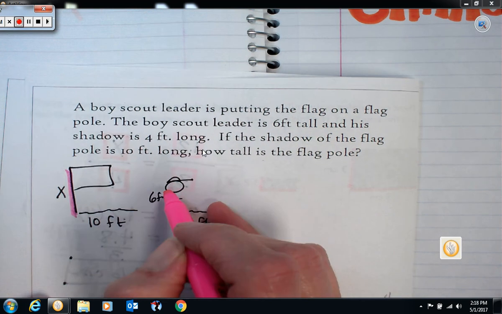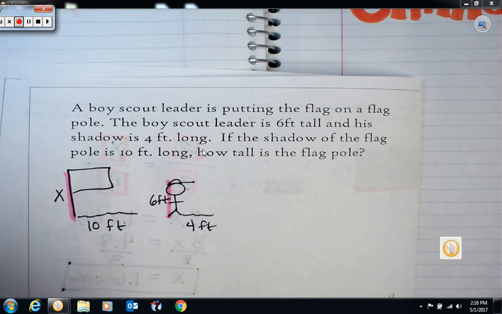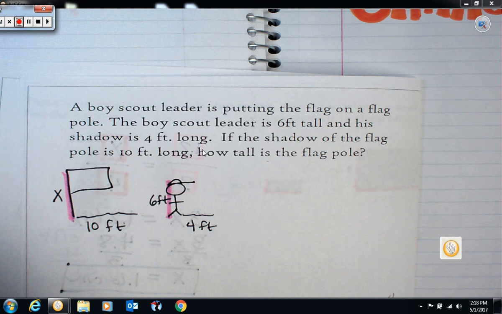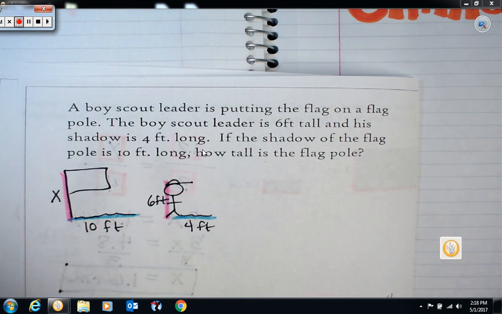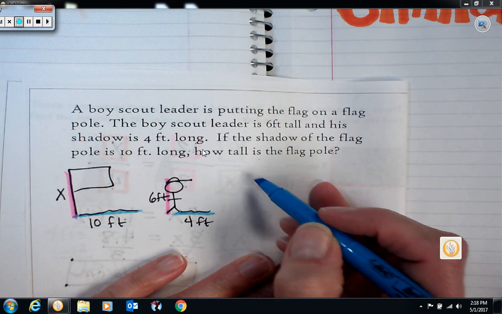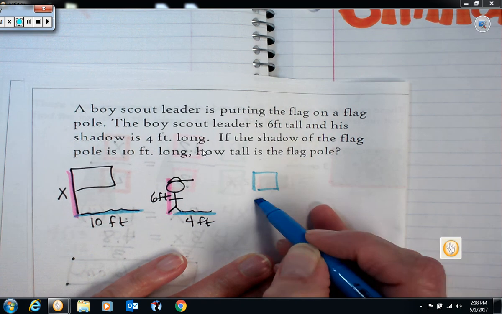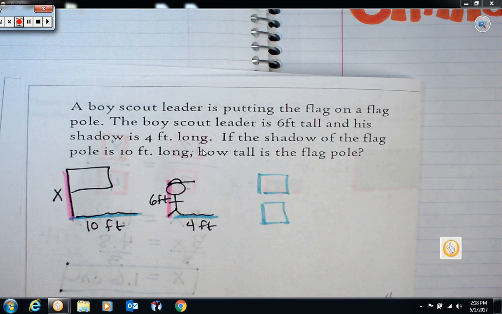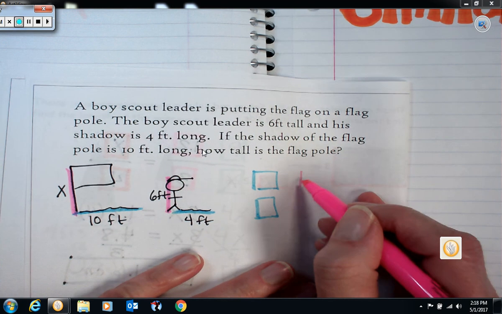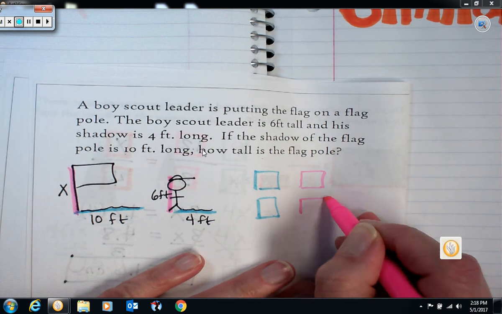This height should be proportional to this height, and this shadow should be in proportion to this shadow. So I can set up 2 equal ratios the same way. 4 feet to 10 feet is the same ratio as 6 feet to X number of feet.